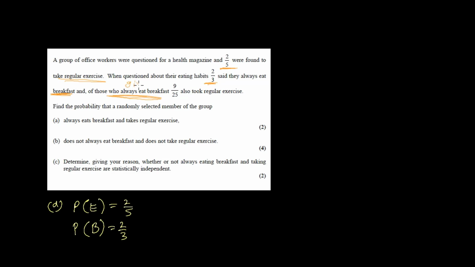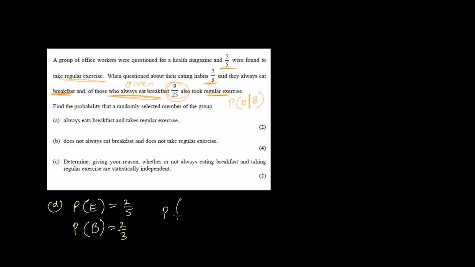That means given that the person had breakfast, the probability is 9/25 of doing regular exercise. This right here is a conditional probability. So the probability of doing exercise when the given information is the person already had breakfast is 9/25. Watch out for that given information.